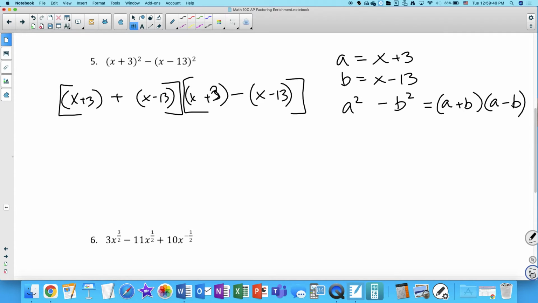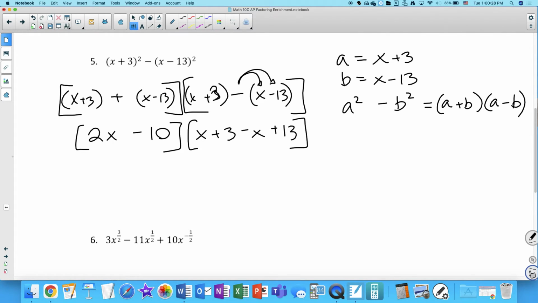Okay, so when you're adding, the brackets aren't really that important because it's almost like you're distributing a positive 1 in there. It's not going to change anything. So this guy will become x plus x is 2x, and then 3 minus 13 is minus 10. For the second one, you may want to go a little more slowly because you're going to have x plus 3 minus x plus 13.